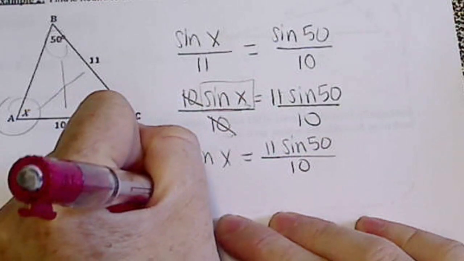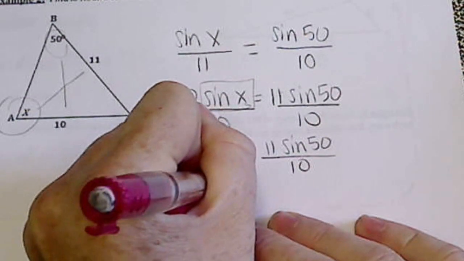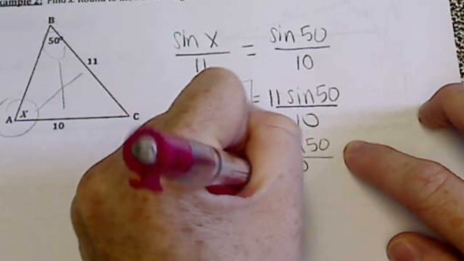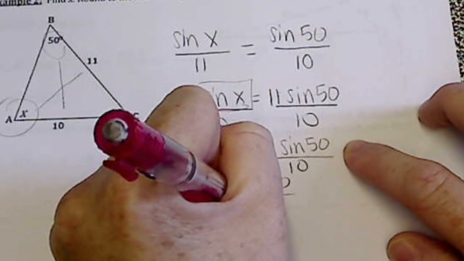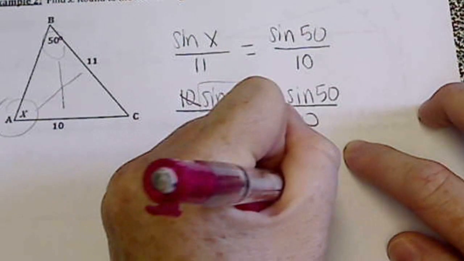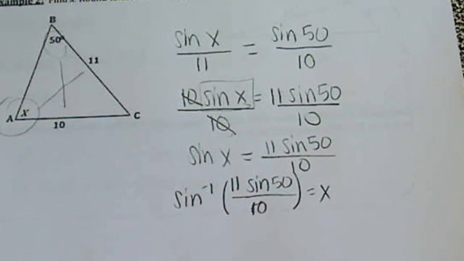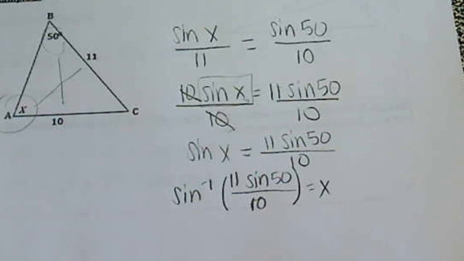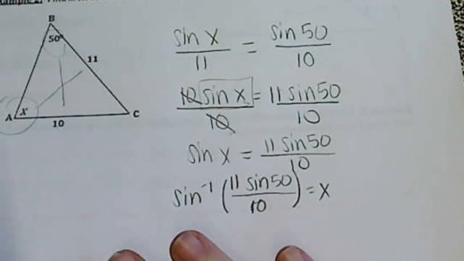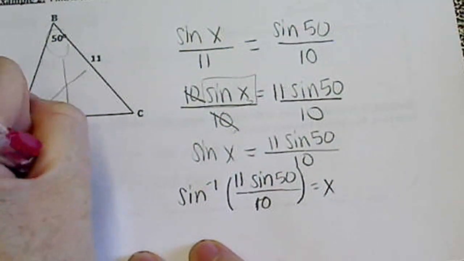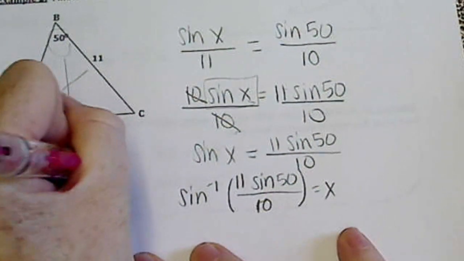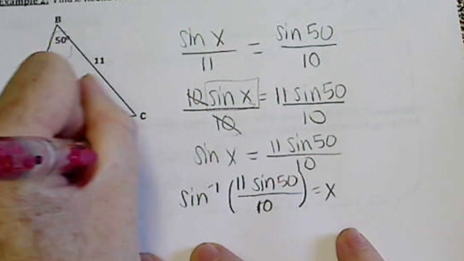So, inverse sine of this whole thing, 11 sine 50 divided by 10. That's going to equal X. Put that in your calculator. Round to the nearest degree. You'll find angle X is about 57 degrees.